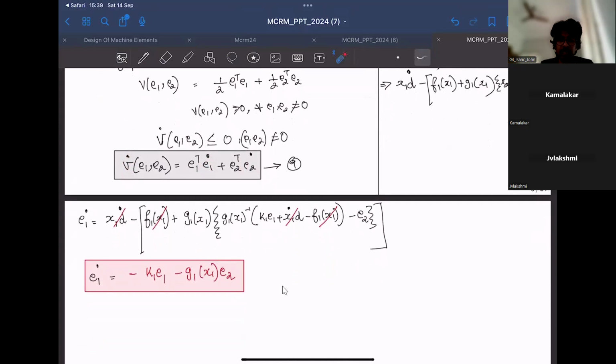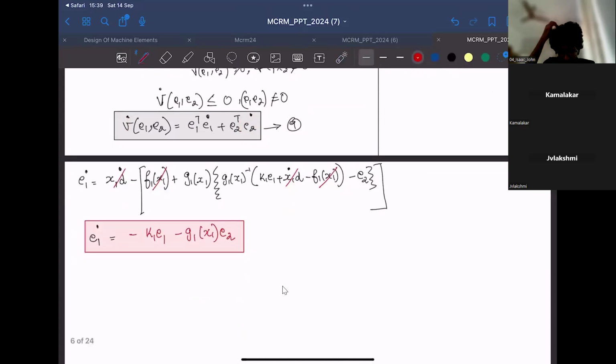Since we have this control input at hand, we can choose it as per our requirement. We can choose this control input u in a way that this term along with this term would make this V dot less than 0, right?